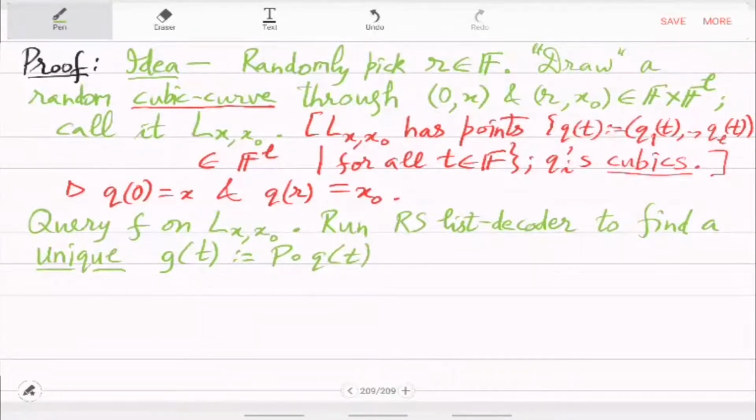So on QT, evaluations of P will be P of QT, and as you go over all the T's, this gives you a polynomial GT. This will be unique because P is unique.